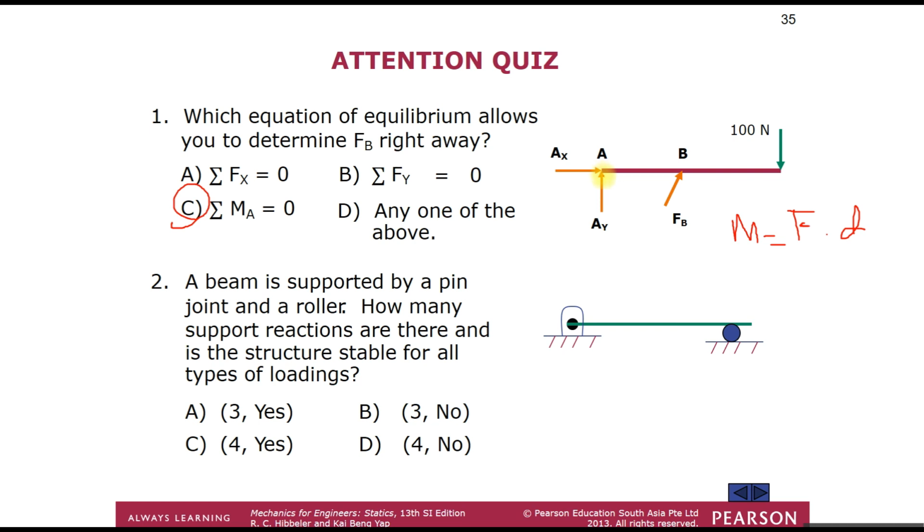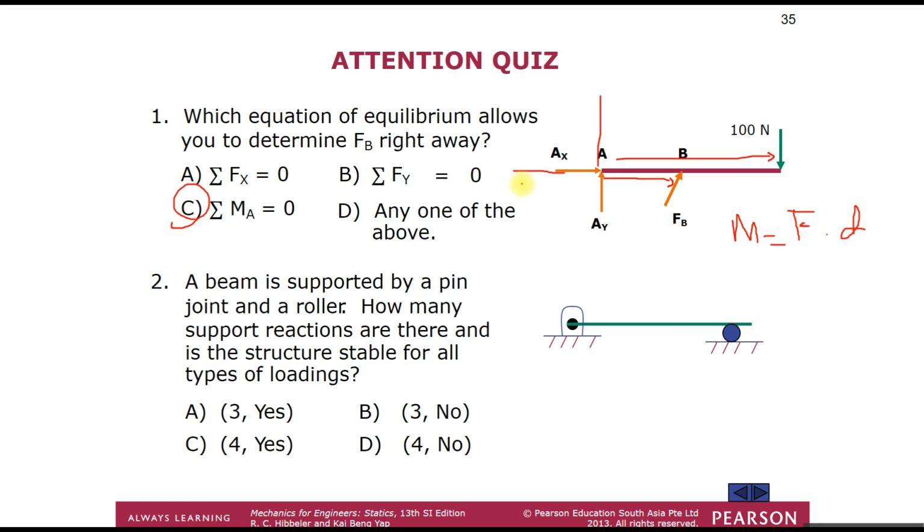Since we consider moment at this point, the force acting at the same point is 0 because there is no distance. It must have distance. Over here we have distance, and over here we have distance, so that's why using the moment equation is much better to determine the force FB.